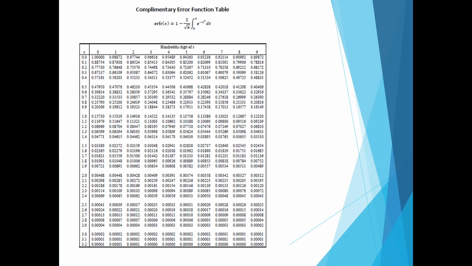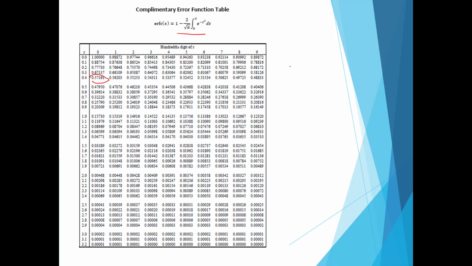Okay, and this is the complementary error function table. Here again the values in the table are different because we are using slightly different equations. If x is equal to 0.40, the output of the complementary error function is equal to 0.57161.